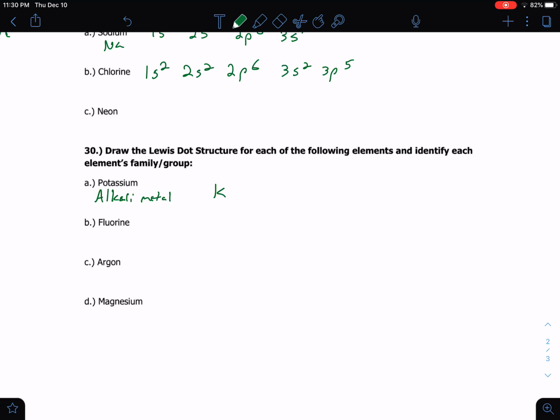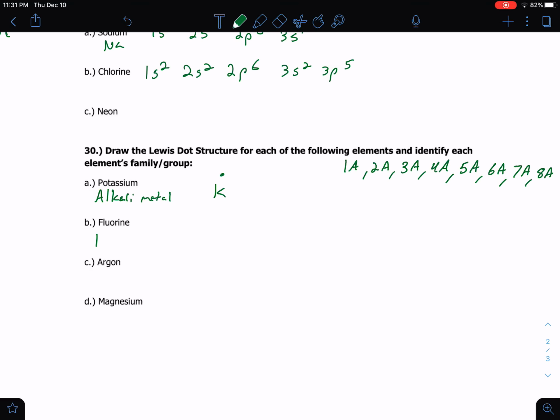You're going to look for things like 1A, 2A, 3A, 4A, 5A, 6A, 7A, and lastly 8A. That is your number of valence electrons. The perfect number is 8. K is in that first group, so it only has one valence electron. So we're just going to start at the top and draw one dot, and that's it.